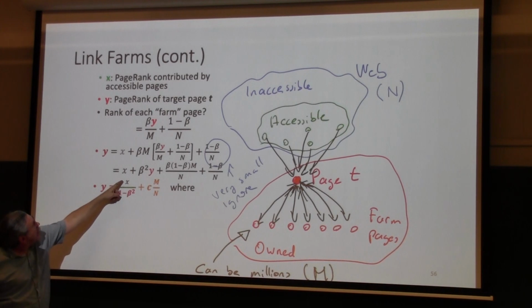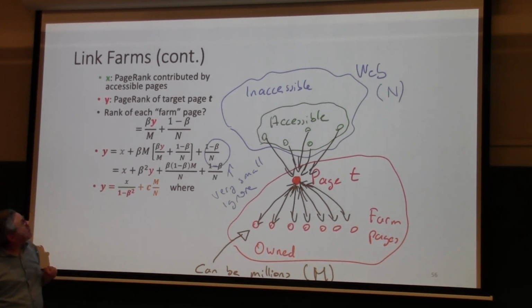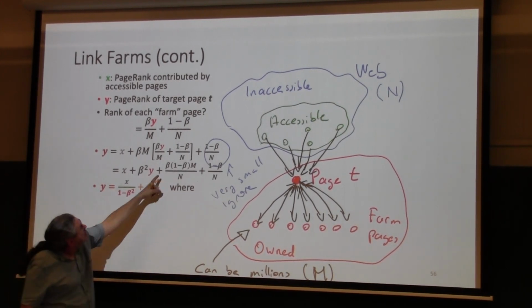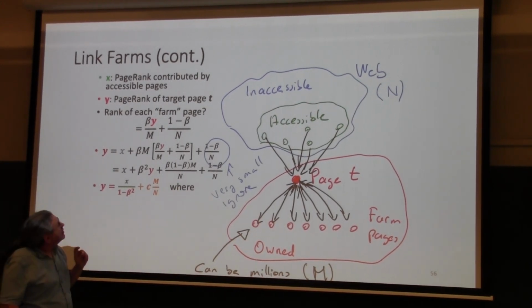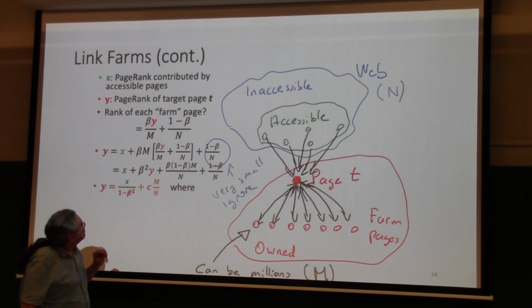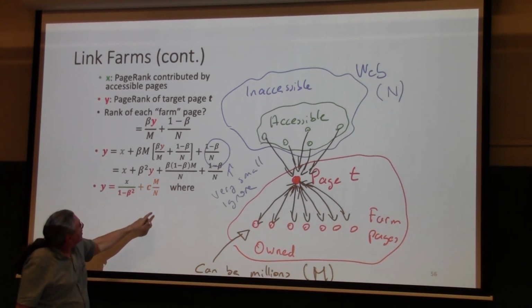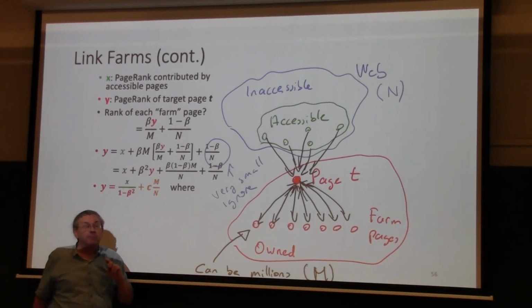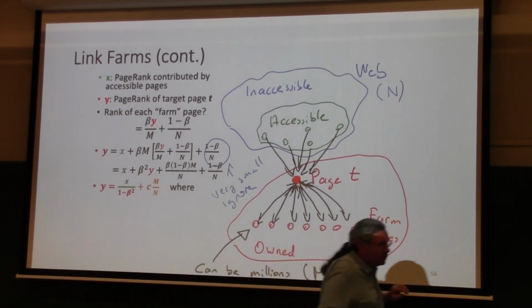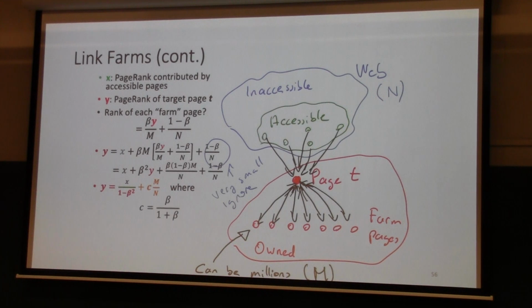So y is equal to x divided by 1 minus beta squared, plus this number divided by 1 minus beta squared. So it's some constant times m over n. What does that mean? The value of the constant is beta over 1 plus beta.